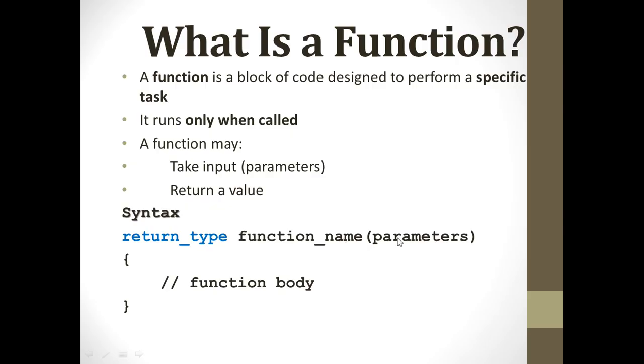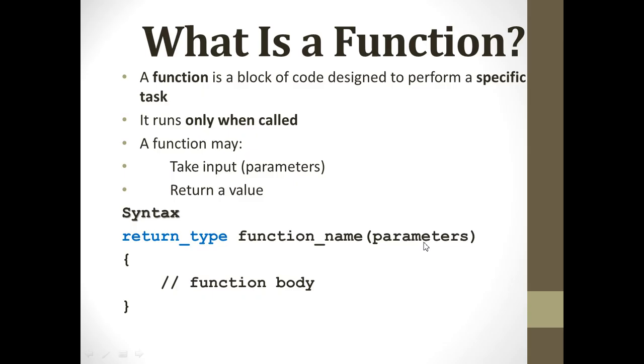Then after that are the parameters. Parameters are the values that the function will need to perform its task. In specifying the parameters, you provide a type and the variable name of the parameters. The type and the variable name.